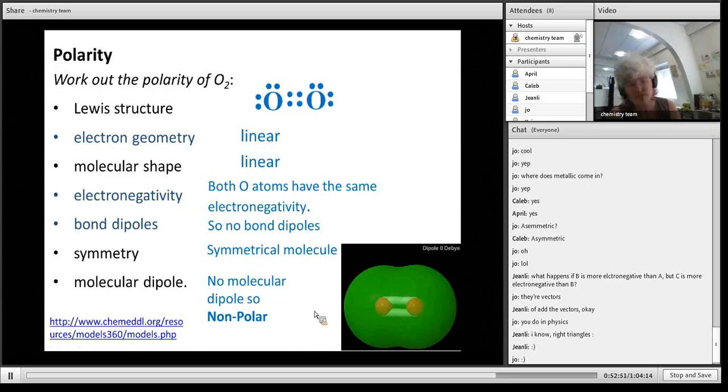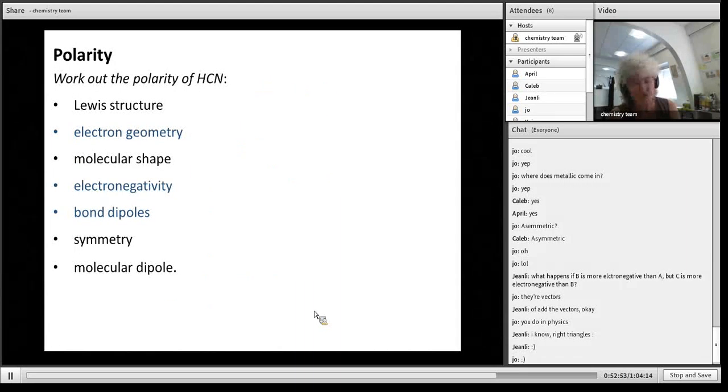Here's HCN. You start off with the Lewis structure, and as I say, it would be given. You work out the electron geometry. It's always around the central atom, so it'll be carbon there. I've only got 2 areas of electron density, so it's linear. The molecular shape is linear, but it's not a symmetrical molecule.